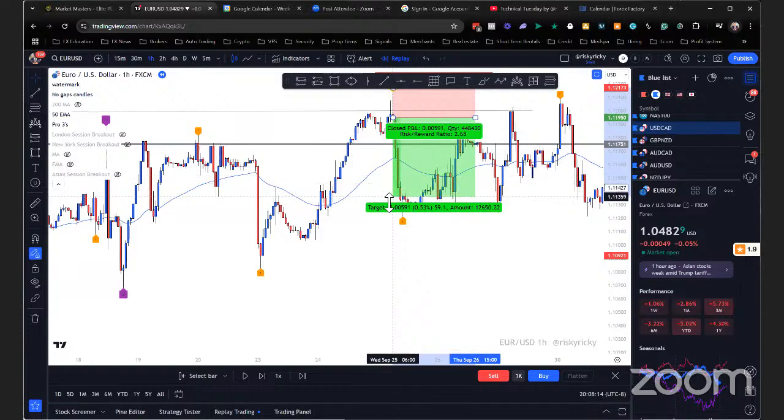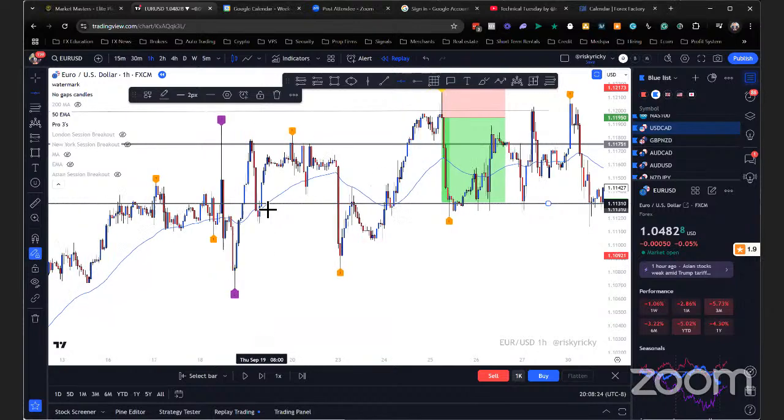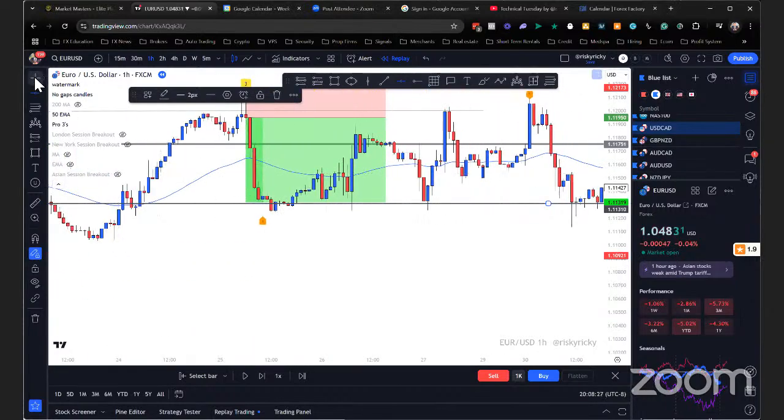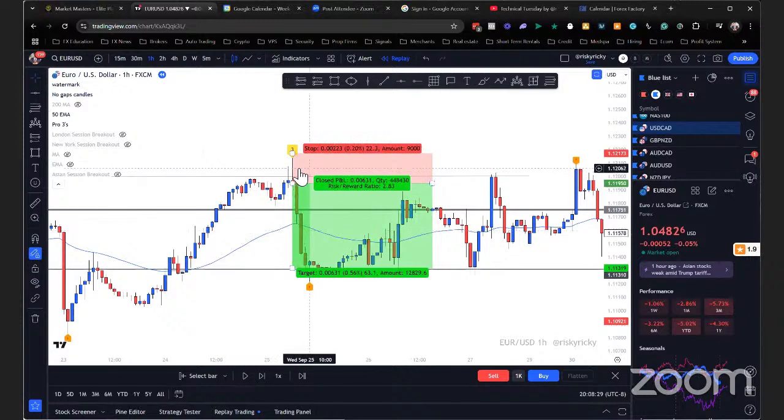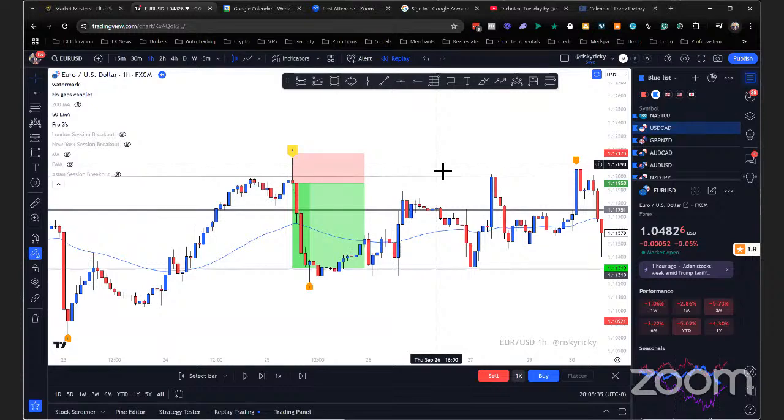Take profit, you aim for any level of support or resistance. So like a strong level of support or resistance, I would aim for like right there. There's a strong level here. Okay, so you see the 3s, you see something that lets you know price is expected to reverse, and then you execute.